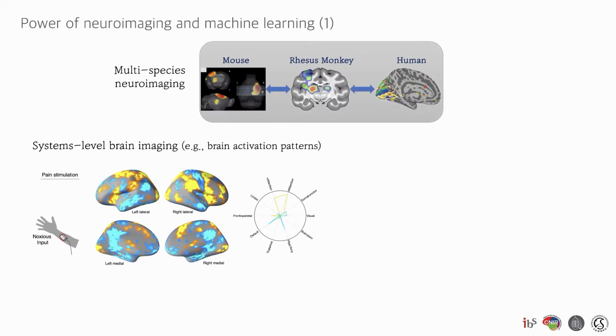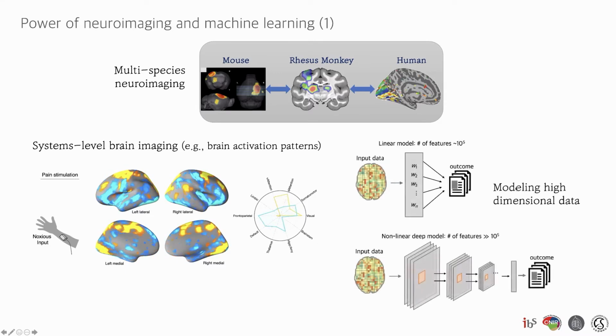And it also provides a unique opportunity for multi-species neuroimaging, with which we can translate research findings from animal to human studies and human studies to animal. And with machine learning, we can now model high-dimensional data such as functional neuroimaging data and predict some useful outcomes of interest.